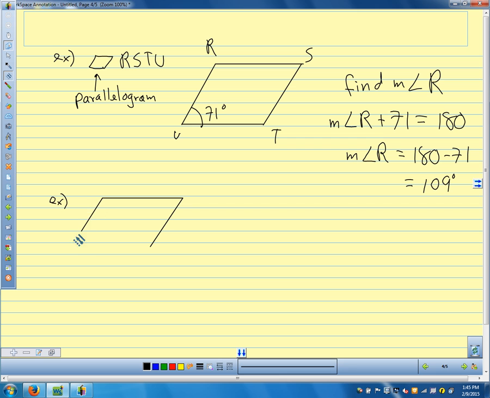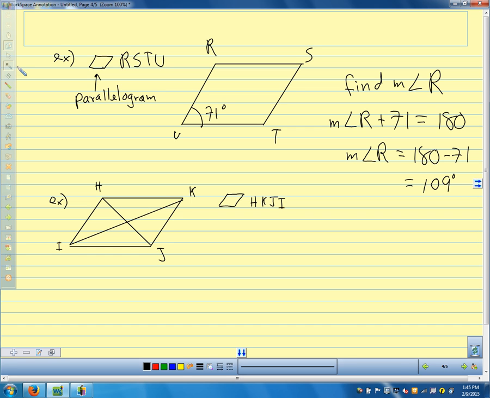Little more complicated example now. So this is parallelogram HKJI. And I'm going to draw in the diagonals now. Well, what do we know, first off, before we even set up the problem, what do you know about the diagonals of a parallelogram?